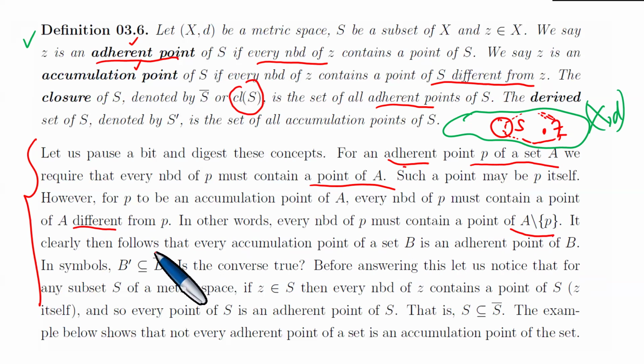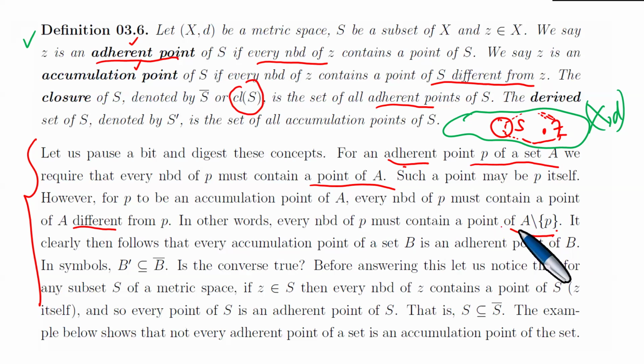All right, it clearly then follows that every accumulation point of a... Sorry, Sunshine, can you just explain that last sentence? Yes, please. You're saying, in other words, every neighborhood of P must contain a point of A minus P, so it must contain a point of the complement of P. Why must it be the complement?